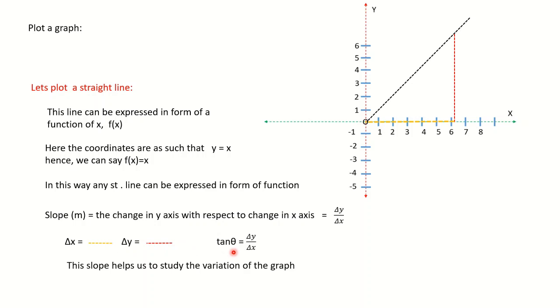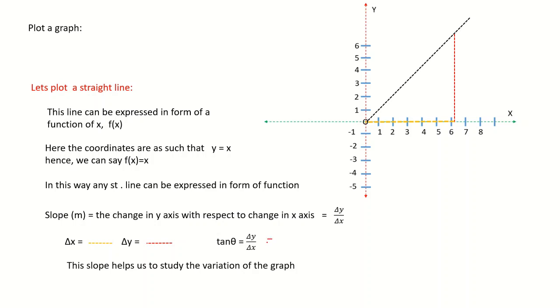Further we can show that tan theta, if we consider this as a whole triangle comprising this red, yellow and black line as a right angle triangle, and this is the theta angle, then slope m is equals to tan theta. So let me write it.